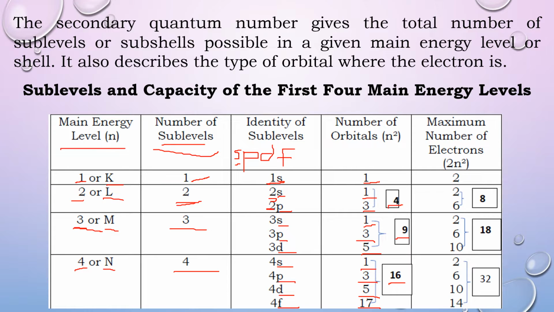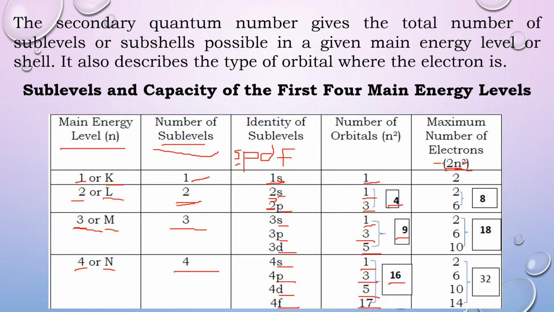And the next column is the maximum number of electrons. This is the formula: 2n squared, where 2 is the constant, n is the energy level, and the exponent 2 is also a constant. So for the first energy level, we have 2. How did it become 2?